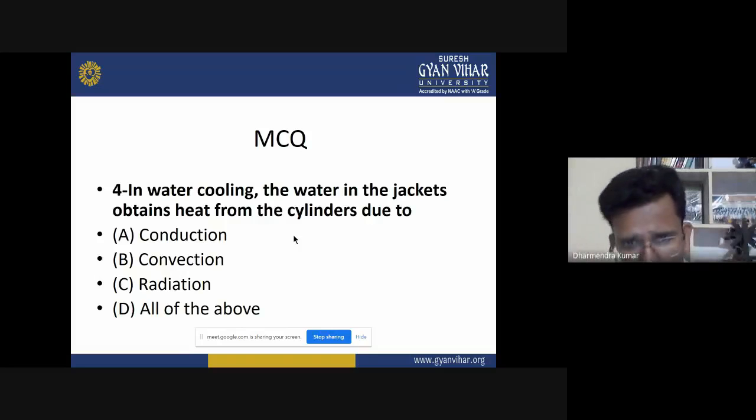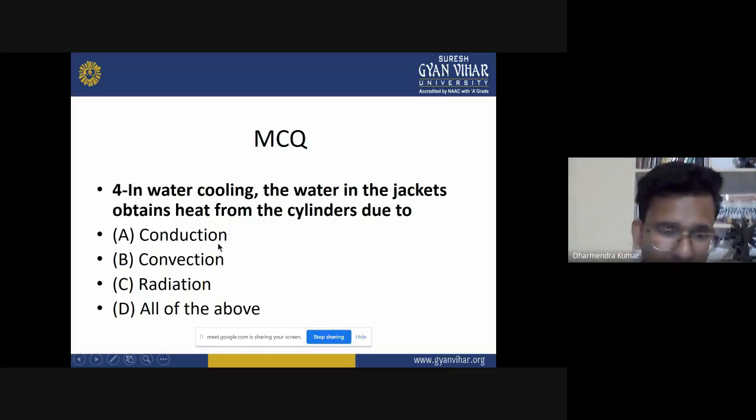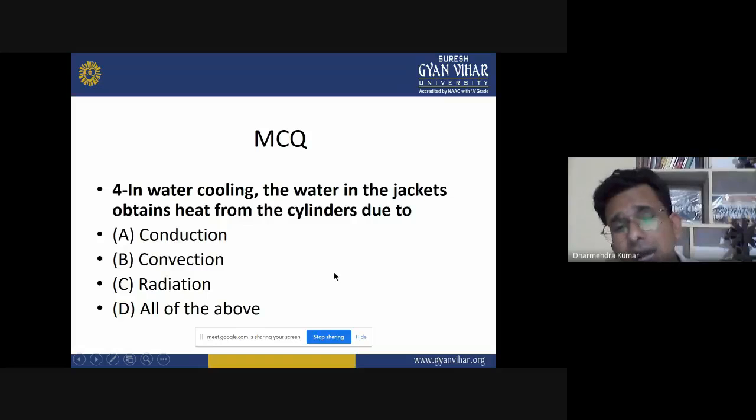Now this is related to physics. The answer is conduction, because in the conduction process, heat is transferred from one molecule to another which are attached to each other.